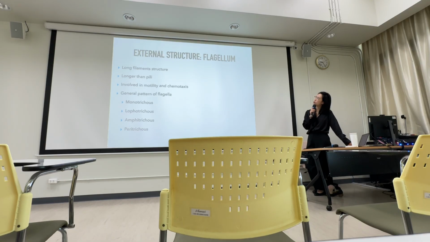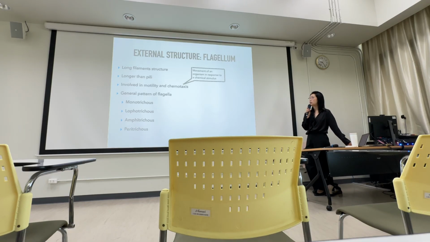The first one I will talk about is the flagellum. The flagellum is a long filament structure that protrudes out from the bacterial cell, so it's longer than pili. The purpose of flagella is mainly motility of the bacteria and chemotaxis. So what is chemotaxis?